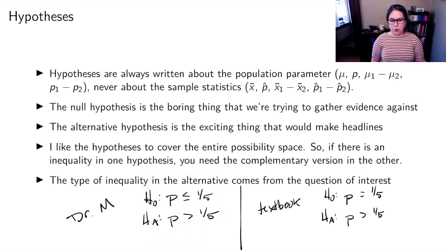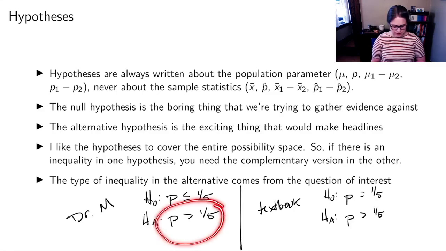If you're doing the homework or looking at the book, the null hypothesis is always going to have an equal sign in it. I apologize for that inconsistency, but that's the way I like to do it. The inequality in the alternative comes from the question of interest. In the case of ESP, we want to know, is it truly more than 1/5? So that's what we would put in our alternative hypothesis.